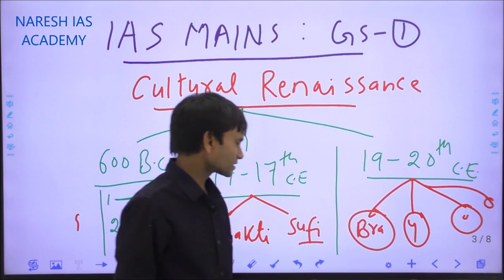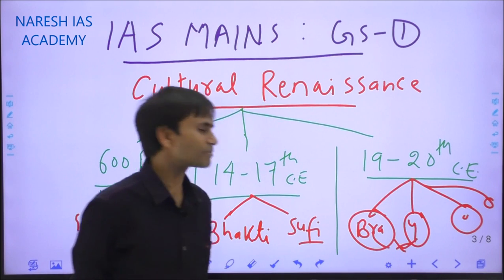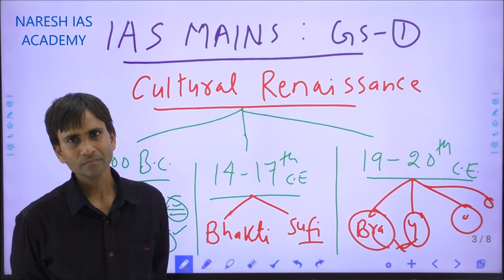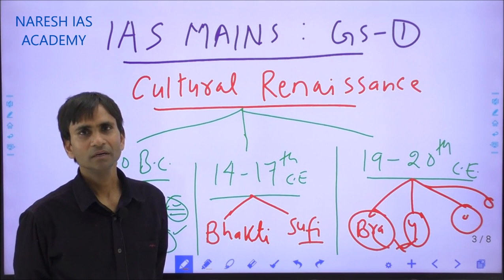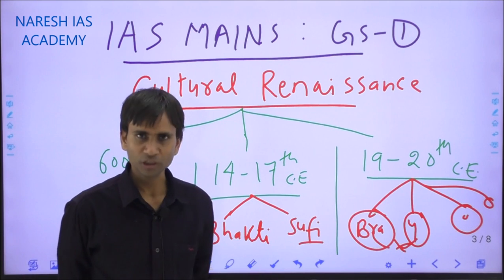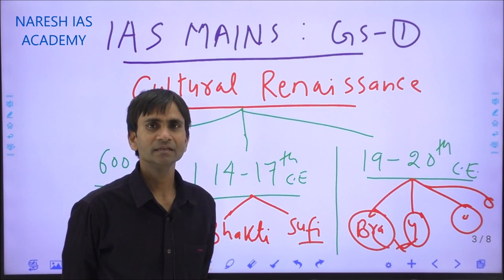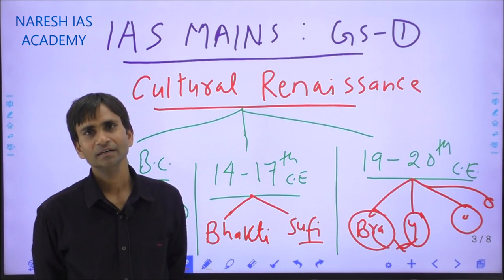So when we discuss the Brahmo Samaj and the Young Bengal movement, definitely they have some similarities. They did not support the Saguna concept of God. They did not support idol worship, idolatry, murti puja and temples. They criticized all kinds of social evils and rituals.